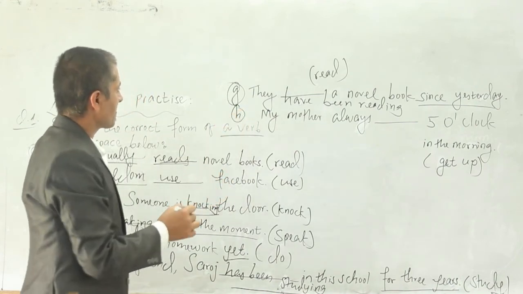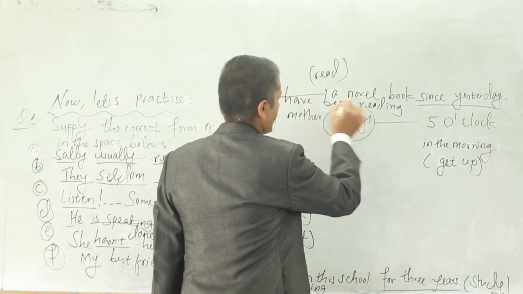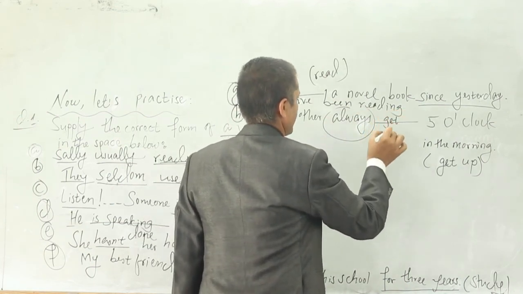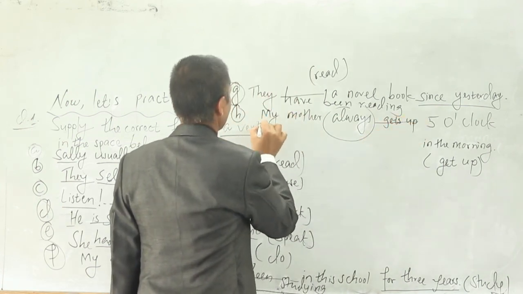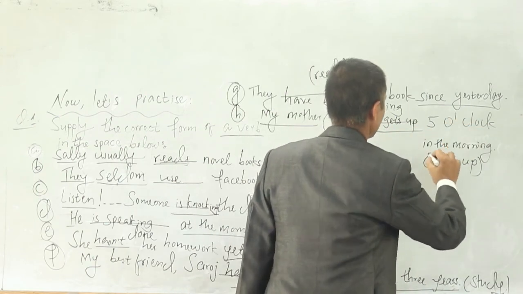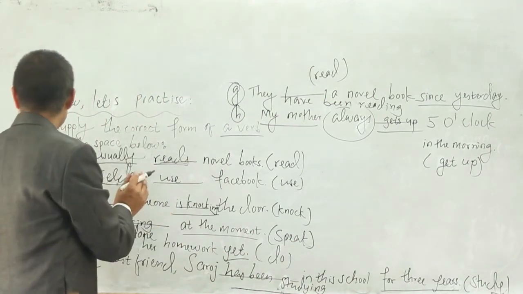Now number H. My mother always dash, this is a habit, so always gets up, G-E-T, gets up. Subject singular, then singular verb: gets up at five o'clock in the morning, right?